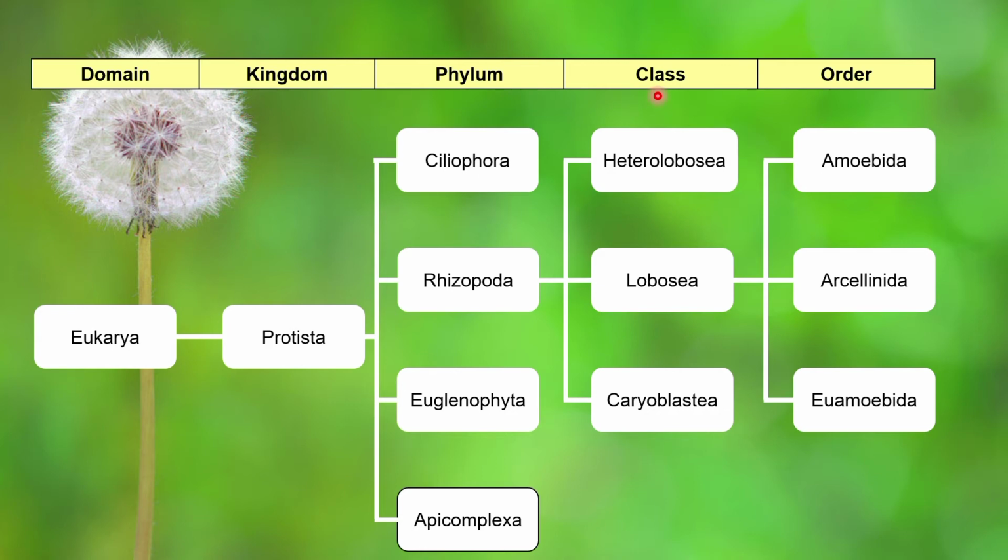As we can see here, there are three classes under phylum Rhizopoda, which are Heterolobosea, Lobosea, and Karyoblastea. And for the orders under Lobosea, we have Amoebida, Acanthopodida, and Leptomyxida. So this is the classification of protozoa.